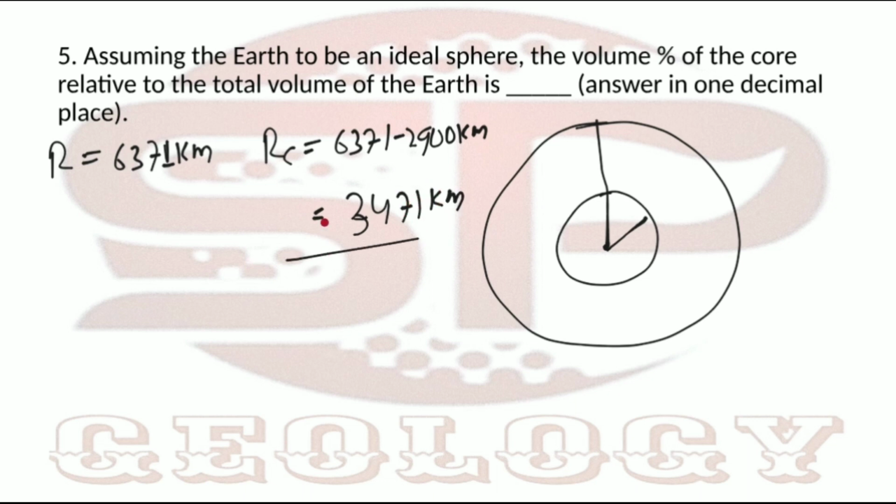Now with the two radii, you can calculate the volume percentage of the core. So the total volume of Earth will be 4/3 pi R cube. Volume of core will be 4/3 pi r cube.